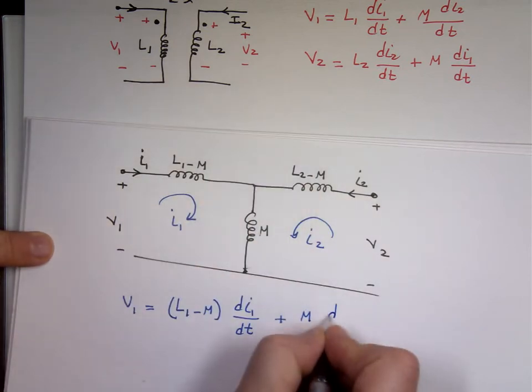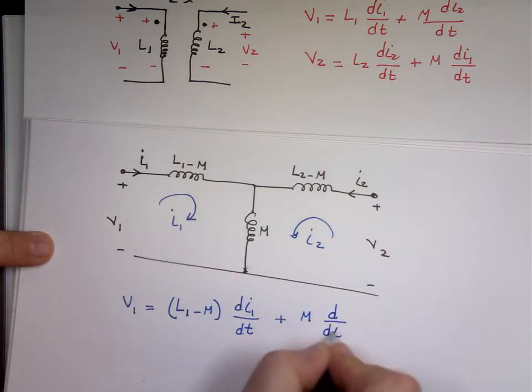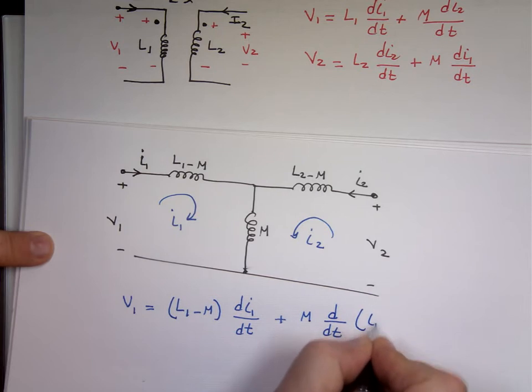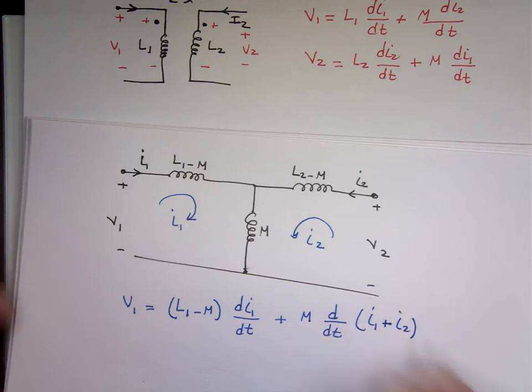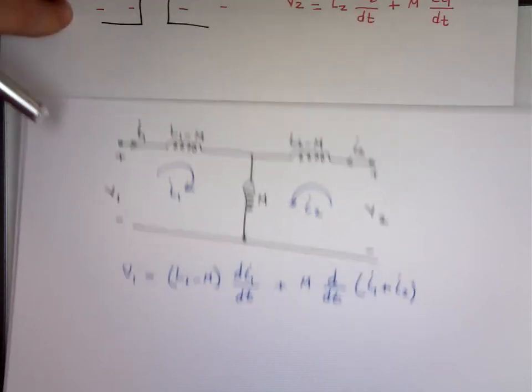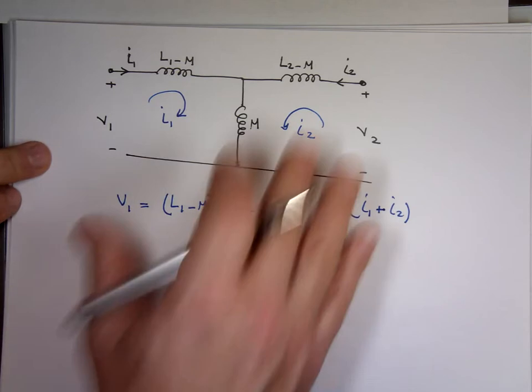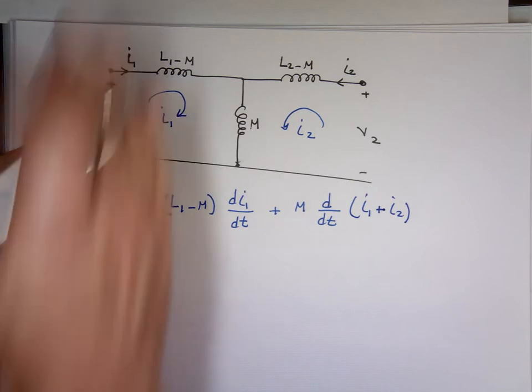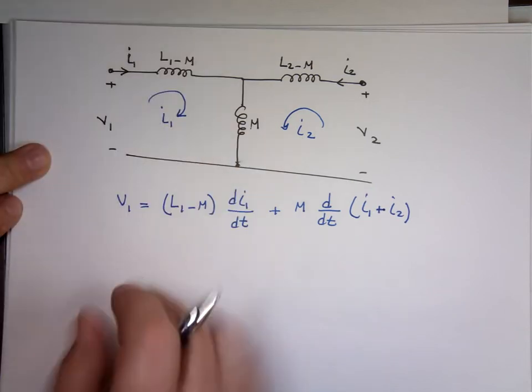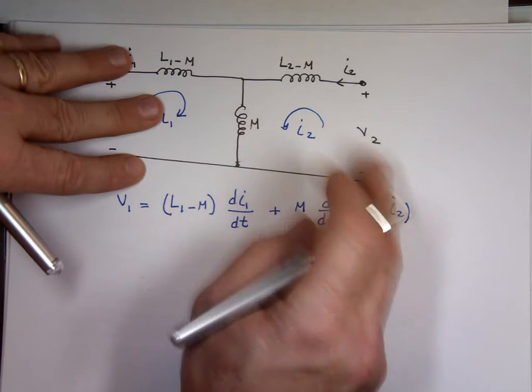I1 minus I2. d dt of which one? I1 minus or plus? Plus. Leave a space there, because there's a reason I'm leaving space. Let's go right halfway between them. Let's write an equation for this.